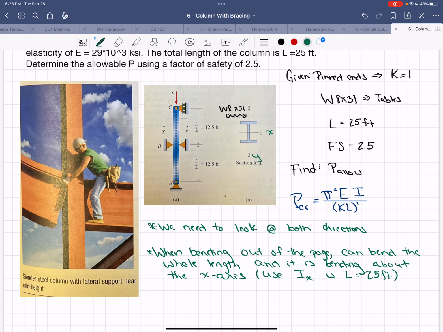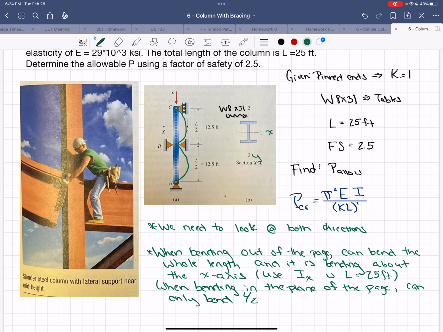Then when bending in the plane of the page, it can only bend over L/2 because it's braced halfway there.